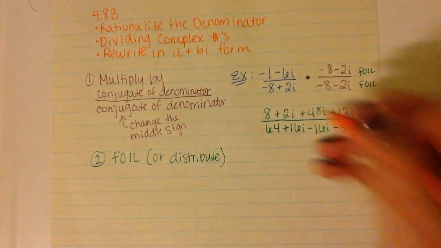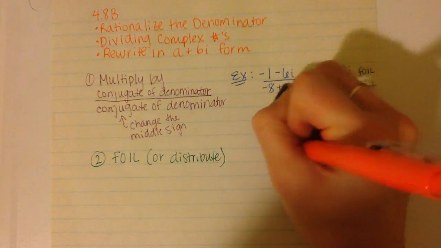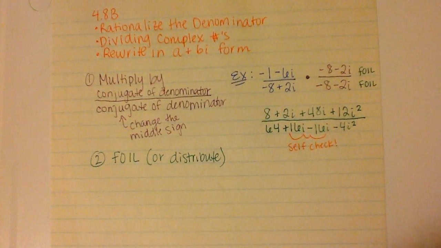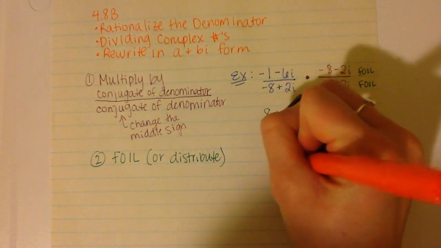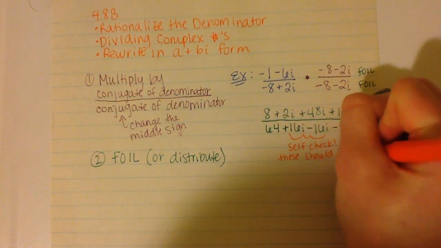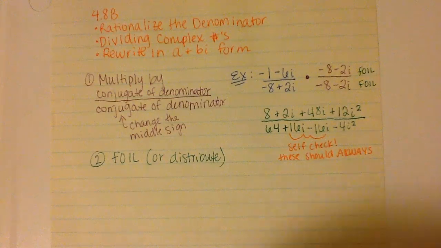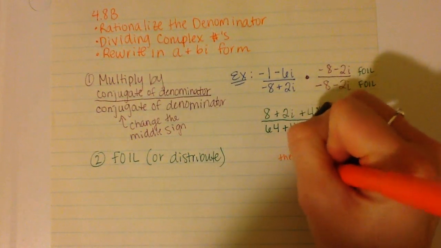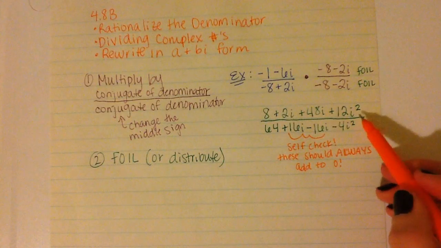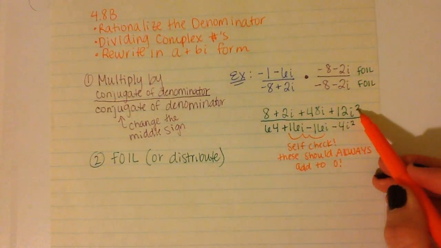So the first thing you're going to look for, you can do a self-check. These should always add to 0. Alright, so we know that i squared is negative 1.